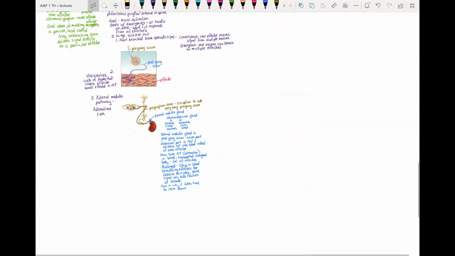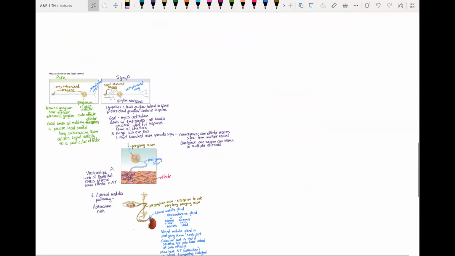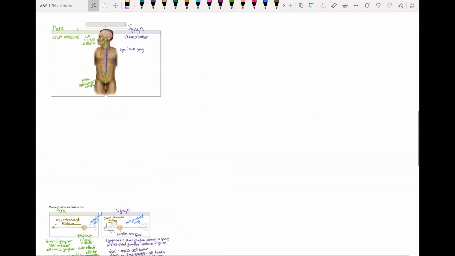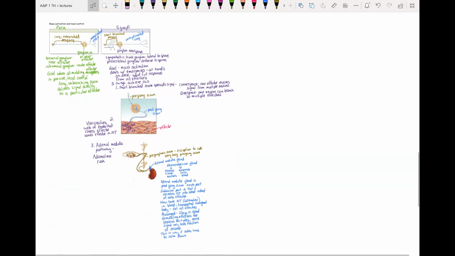So there's a comparison of the way sympathetic and parasympathetic are structured and how their structure is different from each other.